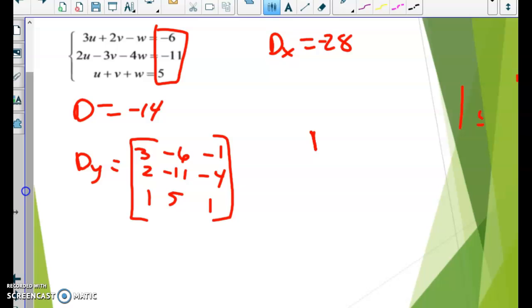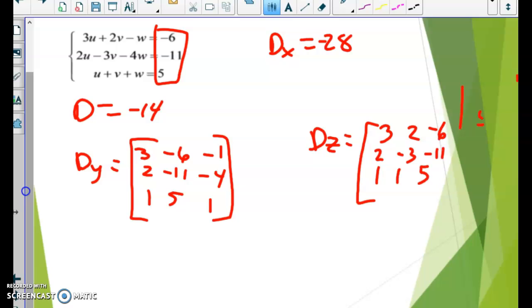And my D of Z, again, I'm going to leave the first two rows the same and replace the last row with negative 6, negative 11, and 5. And then I'm going to find the determinant of each of those. I'm going to pause it and do it offline.